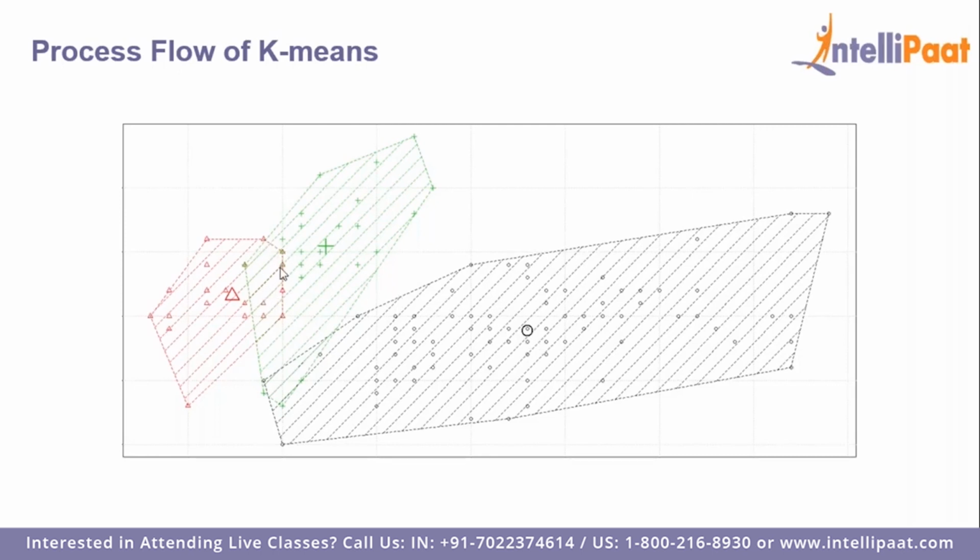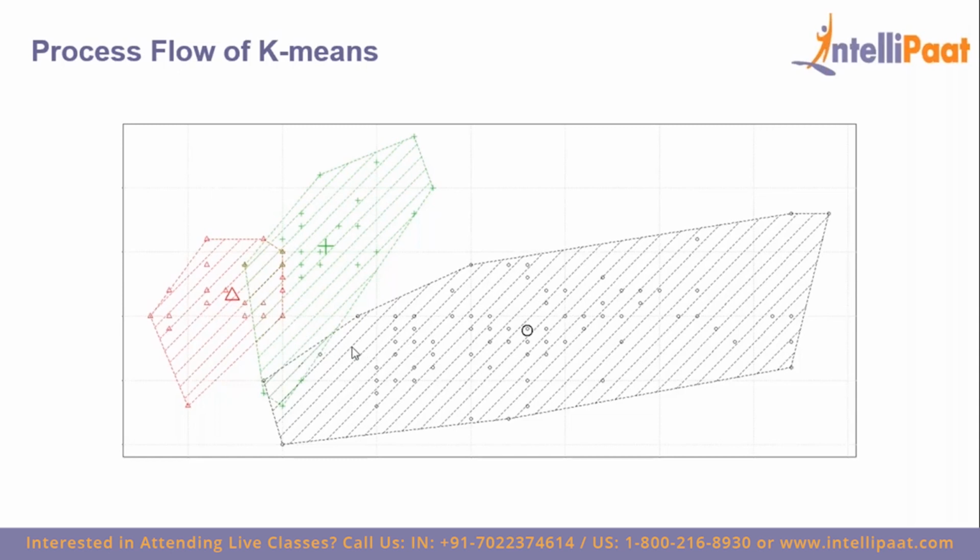So whichever distance would be the minimum, this data point would be assigned to that cluster center. Similarly, I will take this data point and check the distance between these 3 center points, and whichever distance is minimum, I will assign this data point to that particular center. Now, once this is done, we will get 3 clusters.